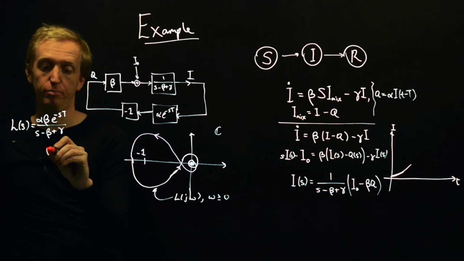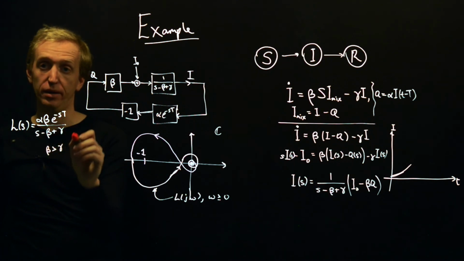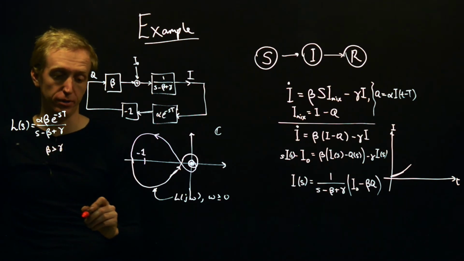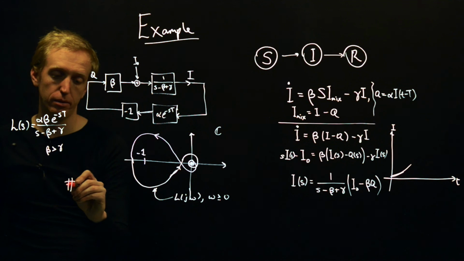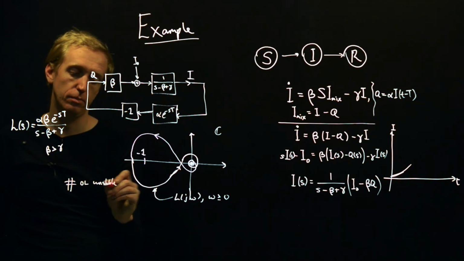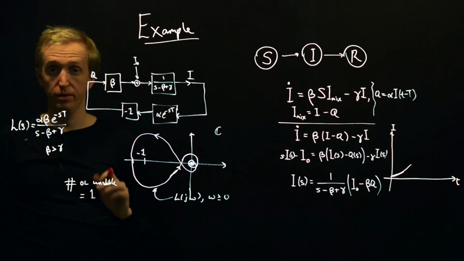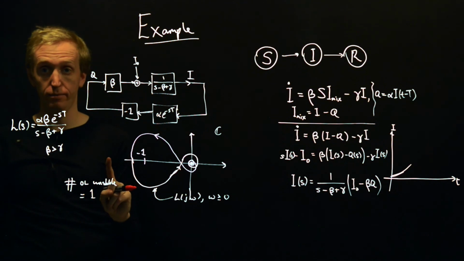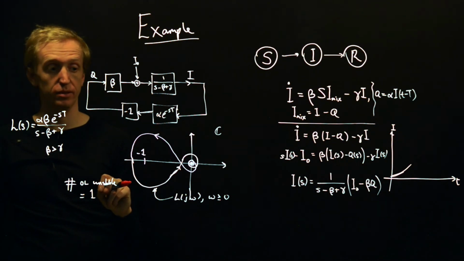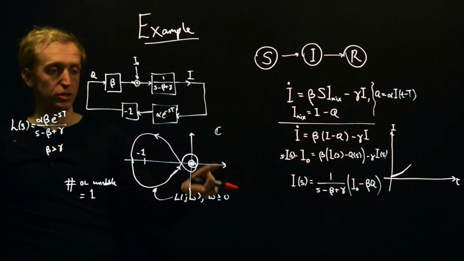Well, if beta is greater than gamma, then we have one unstable open loop pole. So the number of open loop unstable poles equals 1. Therefore, we need one anti-clockwise encirclement in order for the closed loop to be stable by the Nyquist stability criterion. Do we have that?